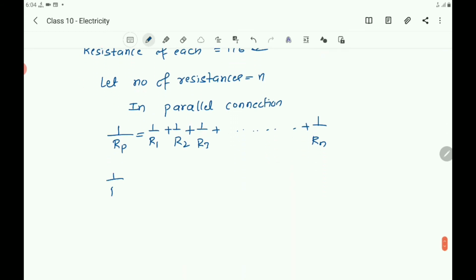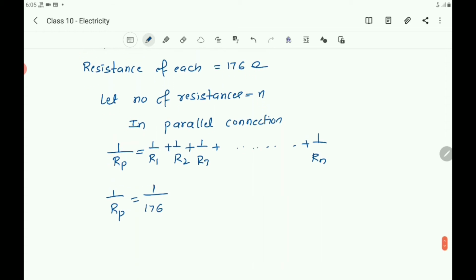Here R1, R2, R3, and so on up to Rn are each 176. Each resistor has the resistance 176. So you write 1 by 176 plus 1 by 176 plus 1 by 176, up to n factors, as there are n resistors.